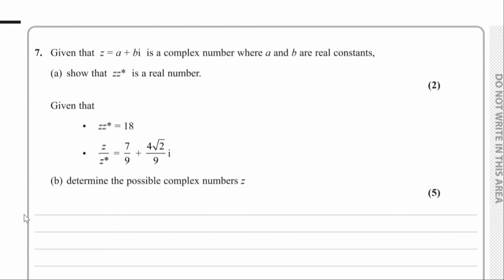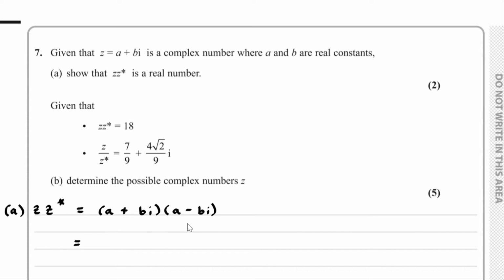And so for part A, if we have z being multiplied by z star, this is the same as multiplying a plus bi by a minus bi.